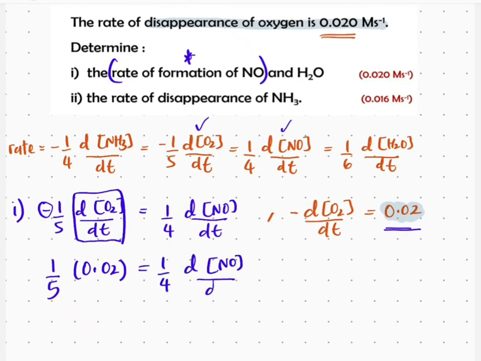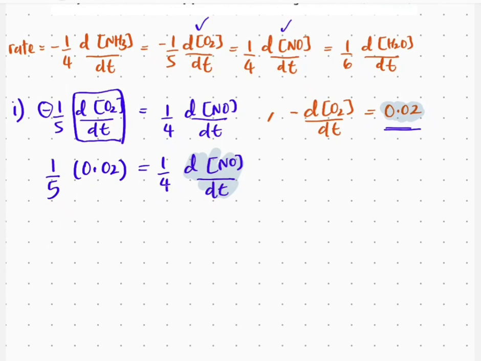So kita nak cari apa ni? Kita nak cari ini. Okay, so awak akan simply pindahkan 4 ni lah pergi ke sebelah. Jadi kita akan dapat dNO, the formation, rate of formation ataupun appearance untuk NO, dNO over dt equals to 4 times 1/5 times 0.02.